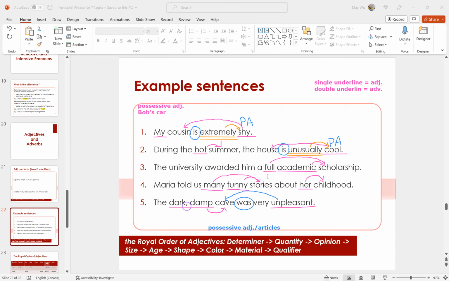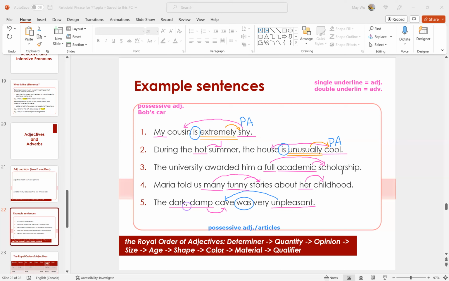All right, so you can see here, full and academic, they are words of different order, right? So we can see that full would be talking about quantity, that is amount, whereas academic would be the qualifier, right?